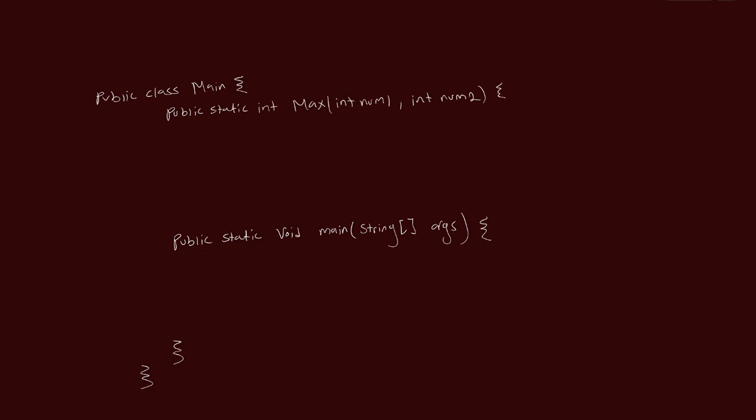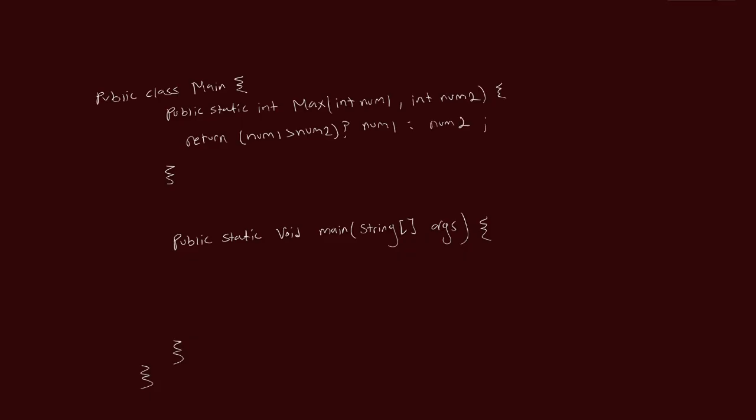Then we set up a return statement using a ternary operator, checking if num1 is greater than num2. If this is true, then we obviously return num1, else we return num2.